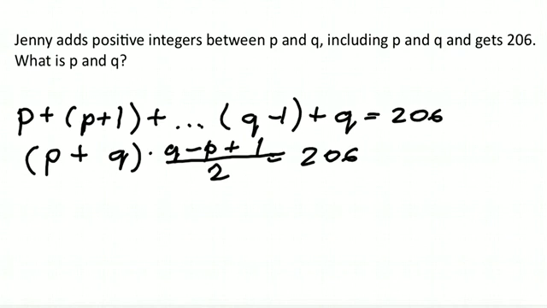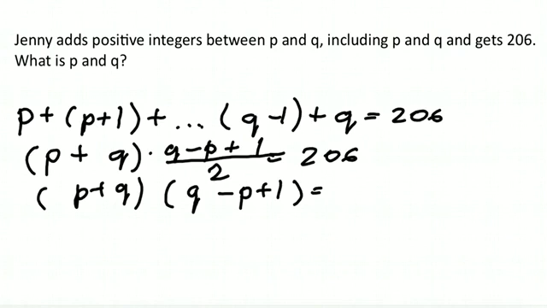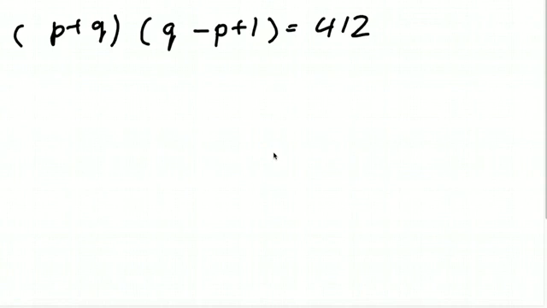Let's simplify that equation a little bit by multiplying by 2. Then we will get (p plus q) times (q minus p plus 1) equals 412. How can we solve that equation?